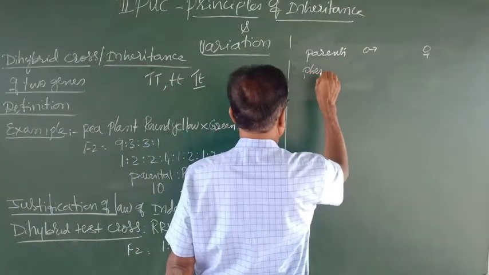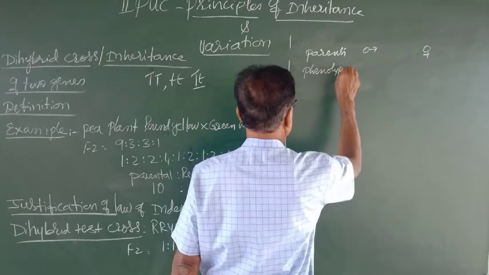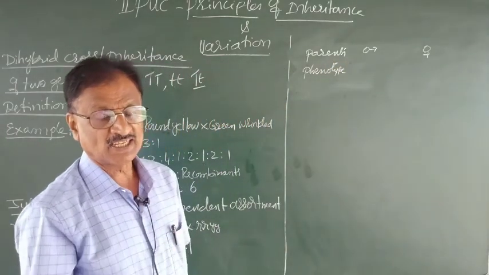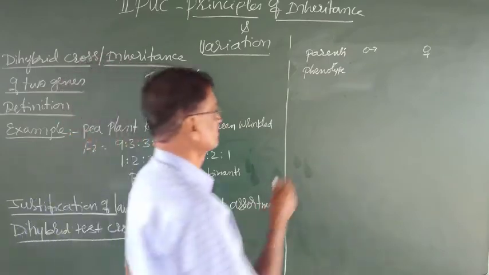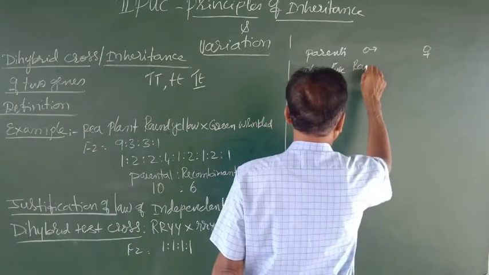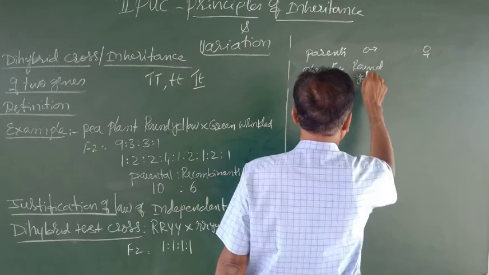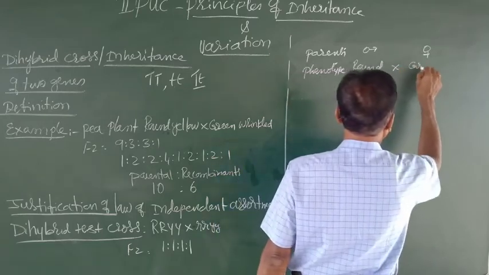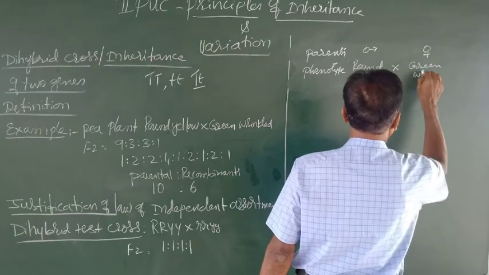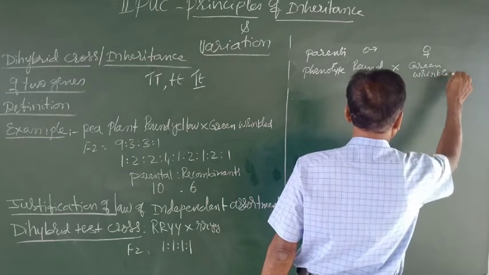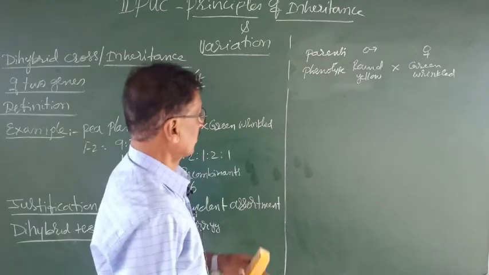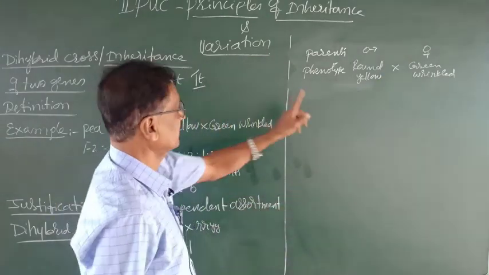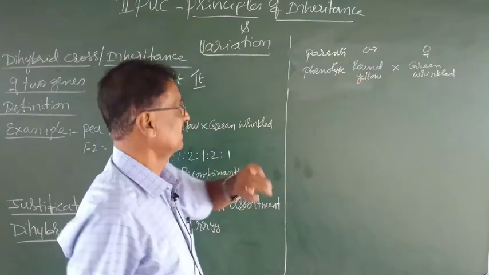Next, the phenotype, that is the external appearance of an individual. Round yellow is dominant over green wrinkled.